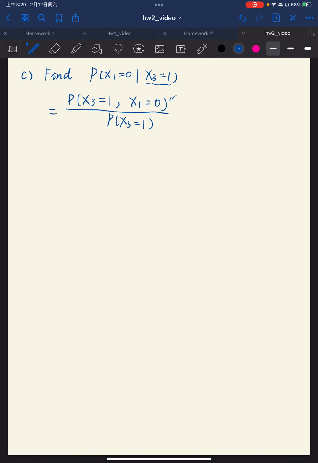And this one can be substituted as the probability of x3 equals 1 given x1 equals 0 times the probability of x1 equals 0.